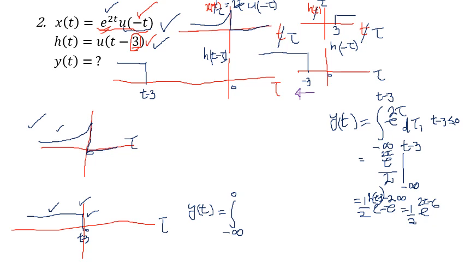The product, since this one is 1, is e power 2 tau, right, d tau.